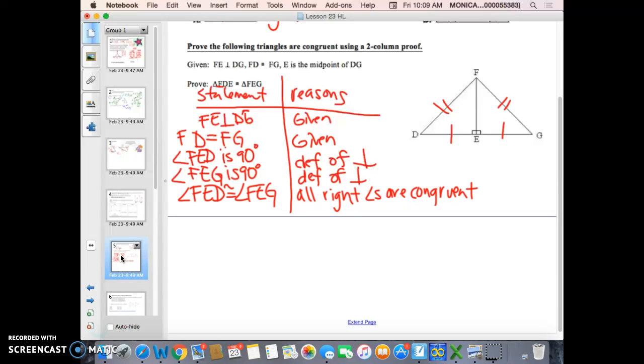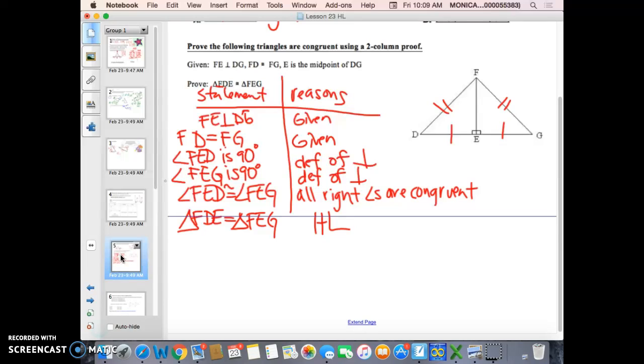Okay, so now I know that these angles are congruent, and I know the two sides are congruent. And so the last thing I can say is that triangle FDE is congruent to triangle FEG, and that would be the hypotenuse leg theorem. That tells me that those two are congruent.